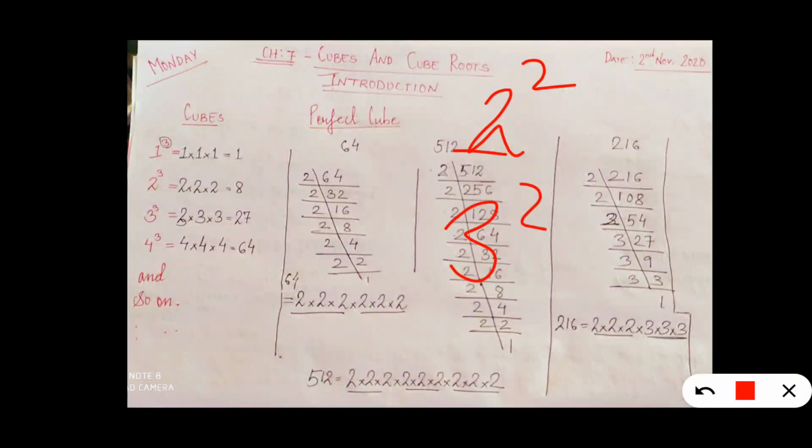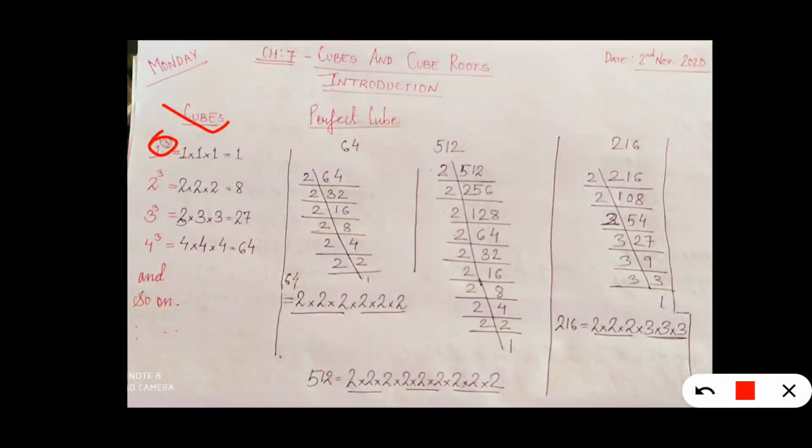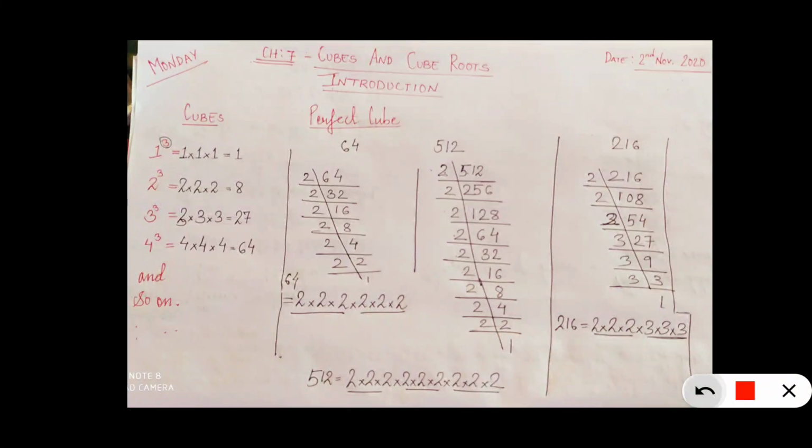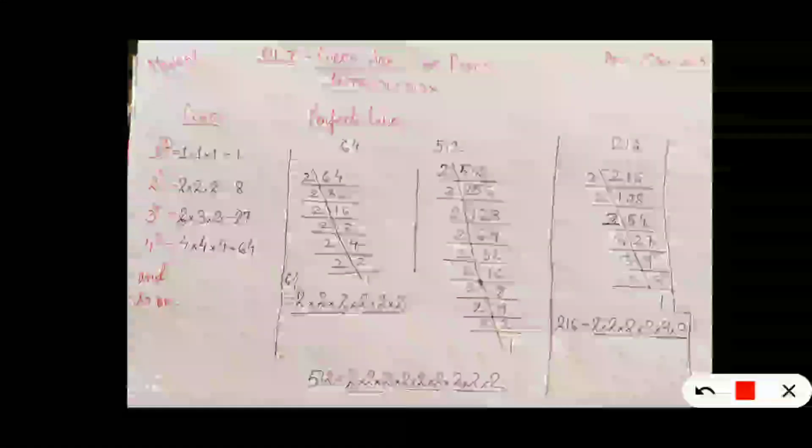So the square of 2 is 4, the square of 3 is 9, like that. In the same way, in a cube we need to multiply 3 times, thrice. We are not going to multiply with 3. We need to multiply the same number 3 times, and it is denoted with the exponent 3. The power should be 3 on the top. So cubes are represented with the exponent 3.